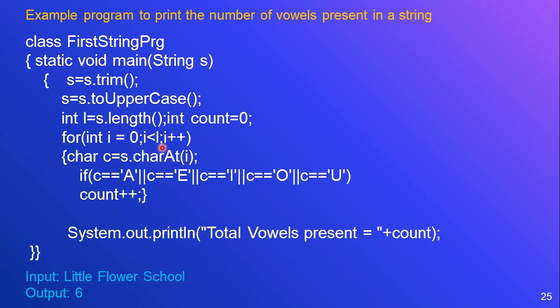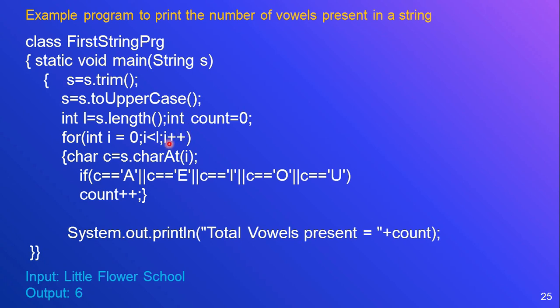Coming over here, again i plus plus means this is 5. Now charAt(5) means 0, 1, 2, 3, 4, 5. R will be extracted. Now R will be checked for A, E, I, O, U, and you are getting false over here. So the counter won't be incremented.